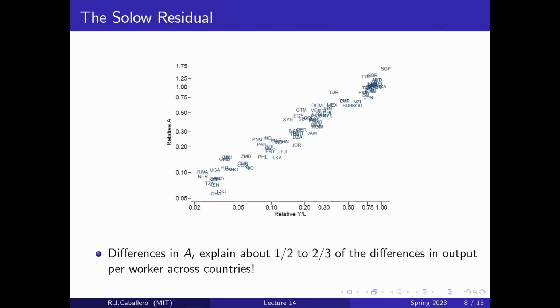So here is what you have. It's the relative A, so everything is relative to the US here. The level of A that we measure, I don't remember which year this was.